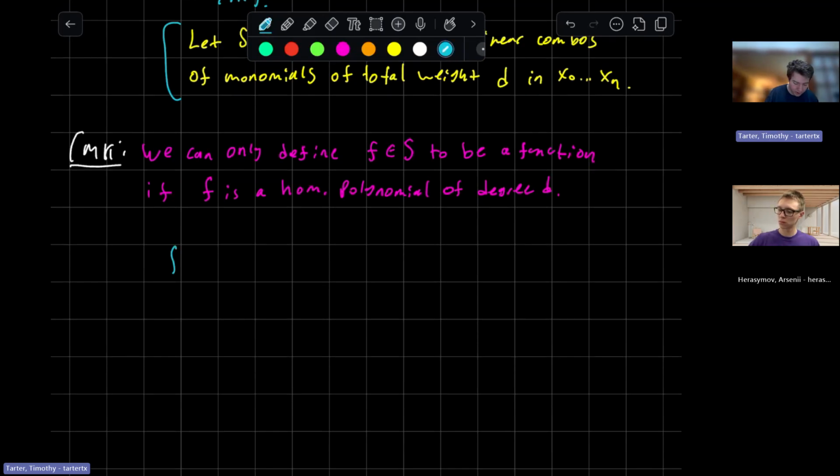The justification for this is that f(λa_0, ..., λa_n) is equal to λ^d f(a_0, ..., a_n), which is exactly what we want out of this. We want to be able to restrict things back to our equivalence class.